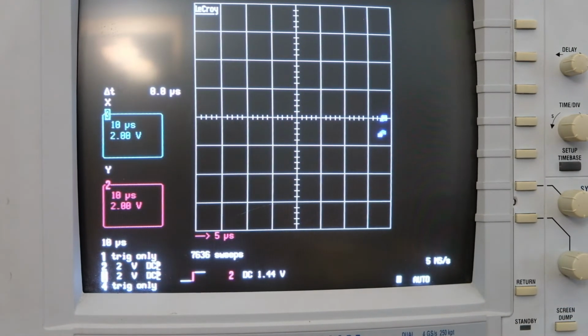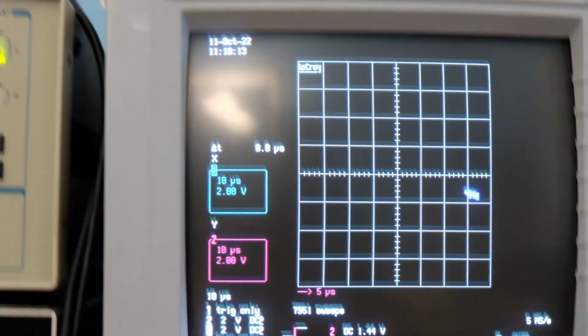So you'll see the lock-in trying to relock to this new signal. And there, I believe it's locked now, and there's a different phase.